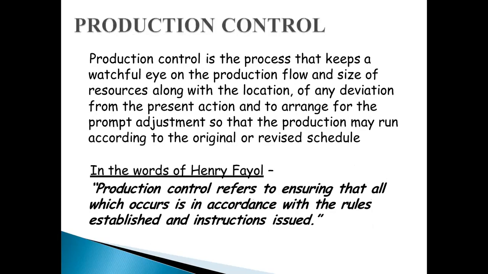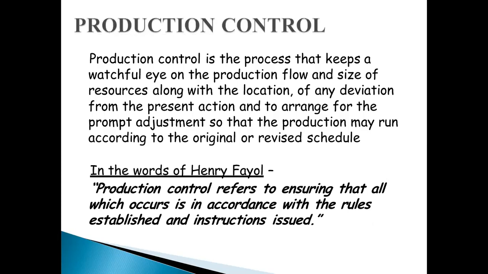Control means we follow a process which keeps a watchful eye on the production flow, or the size of resources, along with the location of any deviation from the set action, what you have set and what you are actually doing.